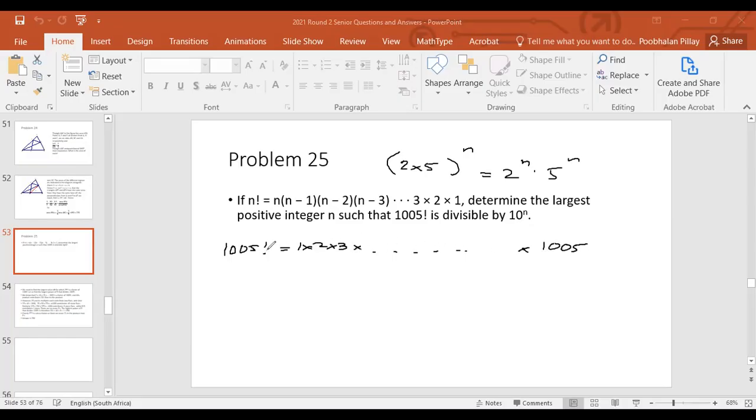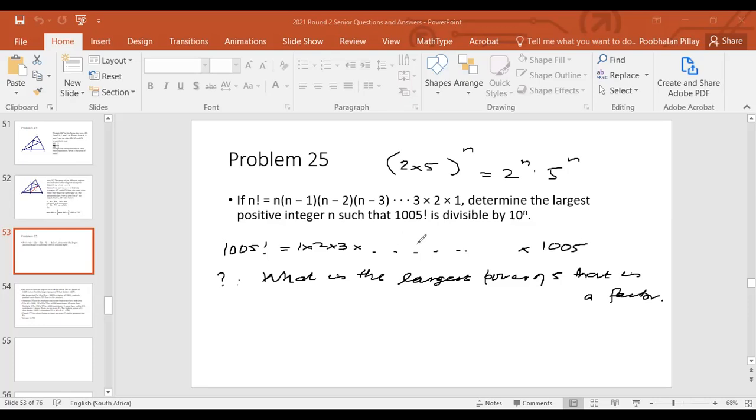So the question is actually to find the largest power of 5 that is a factor of the above. In other words, you need to count all the 5s here. How many times does 5 appear here?